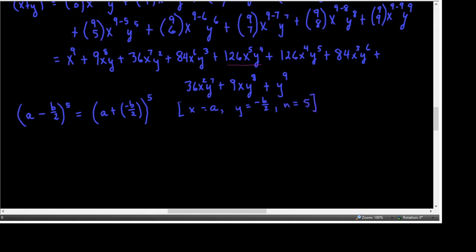Okay, so this is equal to, according to the binomial theorem, start with 0, 5 choose 0. First thing, notice I'm not saying x, so I'm not even going to say a. First thing to the 5 minus 0 times the second thing, negative b over 2, to the 0.